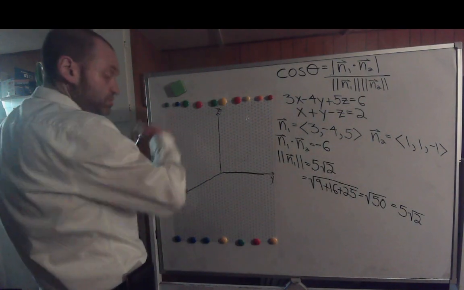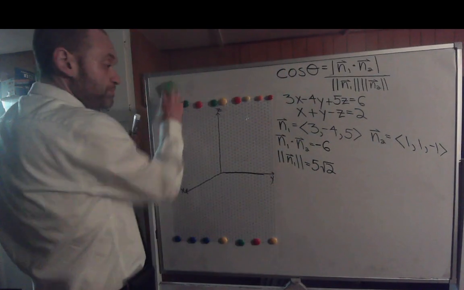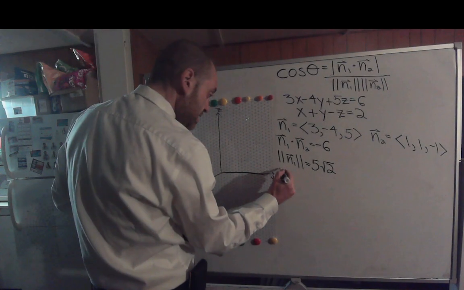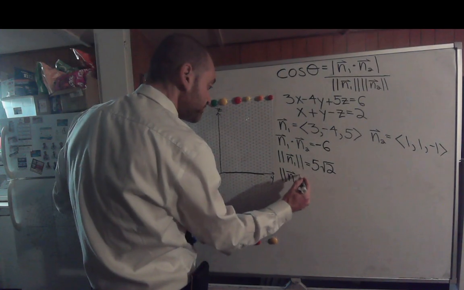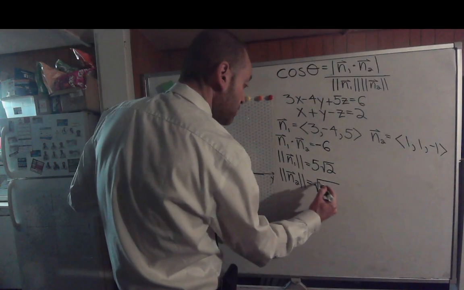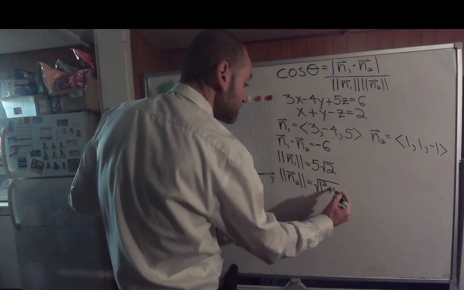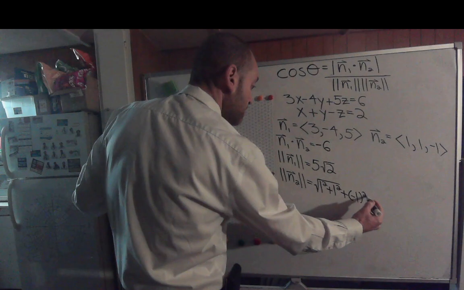And then, yes, we need to find the magnitude of our second normal vector. So vector n sub 2 is going to be the square root of 1 squared plus 1 squared plus the negative 1 squared.